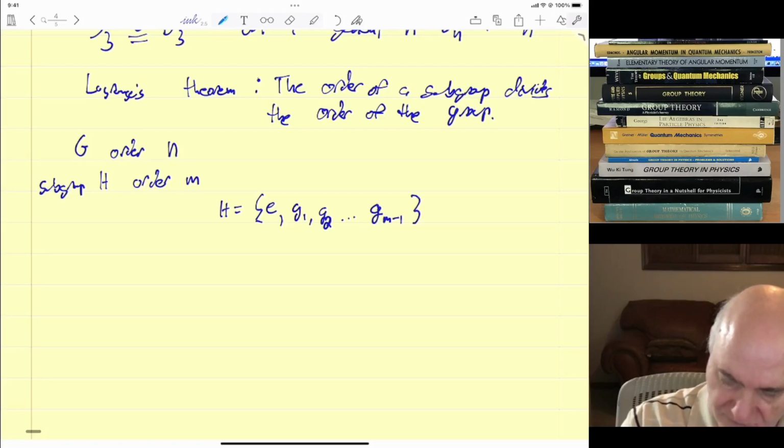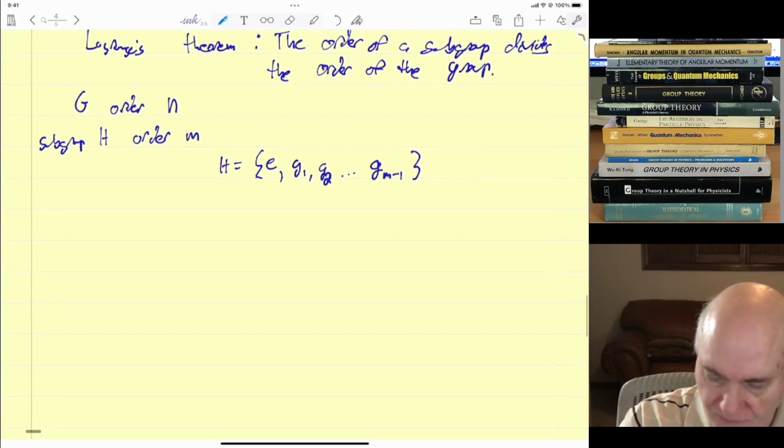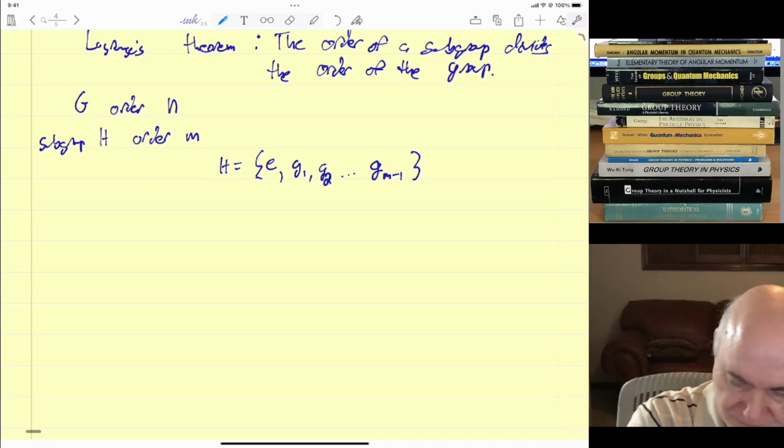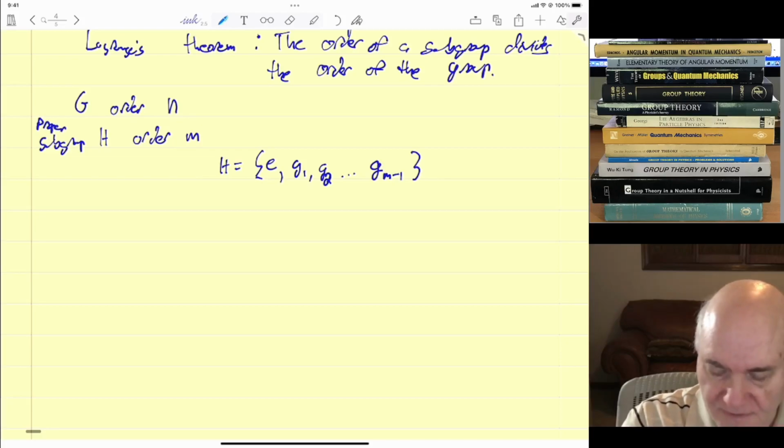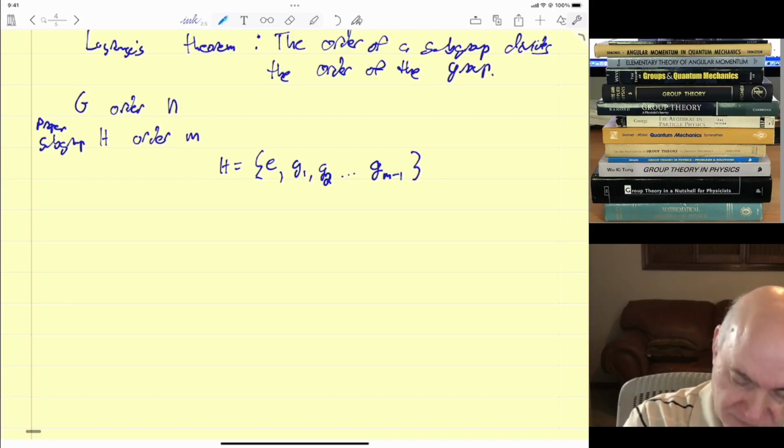Okay, that's H. Now what we do is we take any element that's in G. This is a proper subgroup. I mean, it's trivial. If H is an improper subgroup, it either has n elements, in which case that divides the order of G, or it has 1 element, and that divides the order of G. So let's just do the case of a proper subgroup.